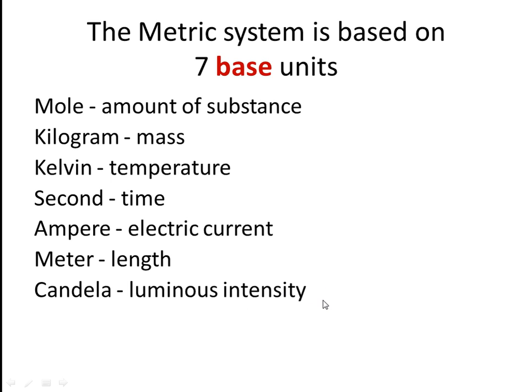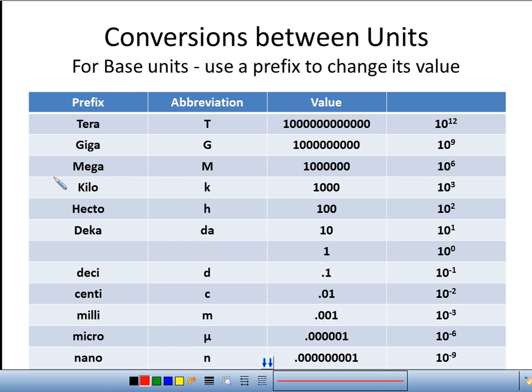Centi is 100th, or 0.01. Milli is 1,000th, or 0.001, or 10 to the negative 3. And those are ones that you've used before. So most of us have become familiar with these numbers between here and here.